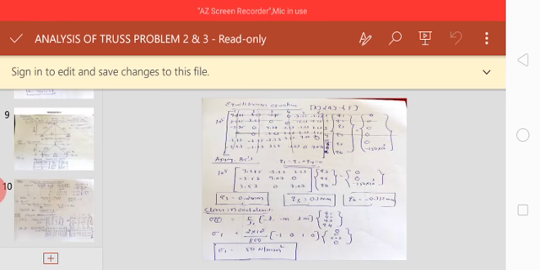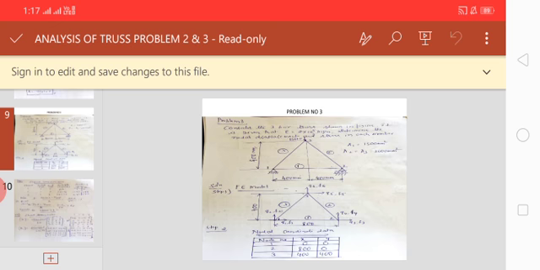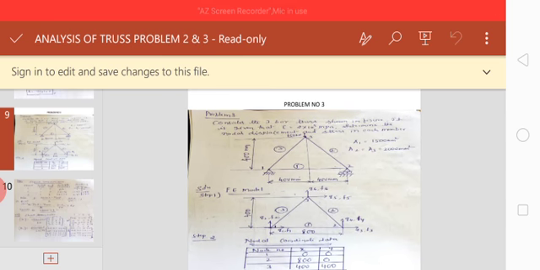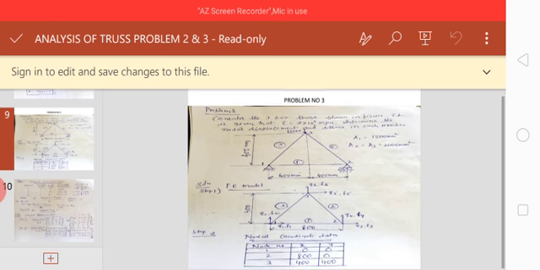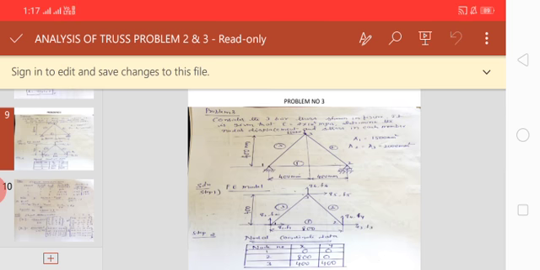For that you need to look at your original figure. Here node 1 is completely fixed. In node 1, what are the nodal displacement vectors? Q1 and Q2 you have to eliminate completely. Now look at node 2. Here, I told you, the rollers are going to move in the X direction and there is no movement in the Y direction.